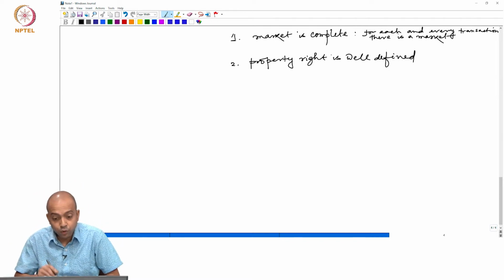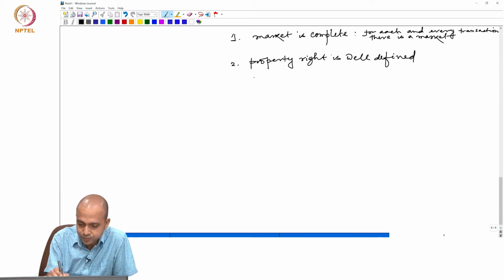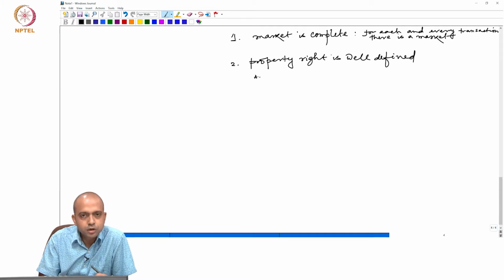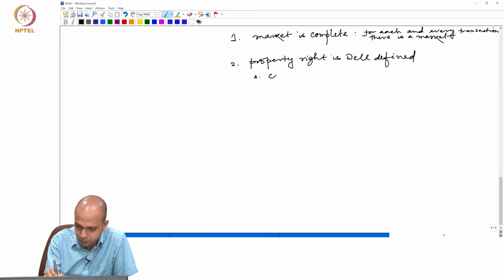Okay. And what is the meaning of property right is well defined? The meaning is, first of all, the first characteristic of well defined property right is comprehensive. Comprehensive. What is the meaning?